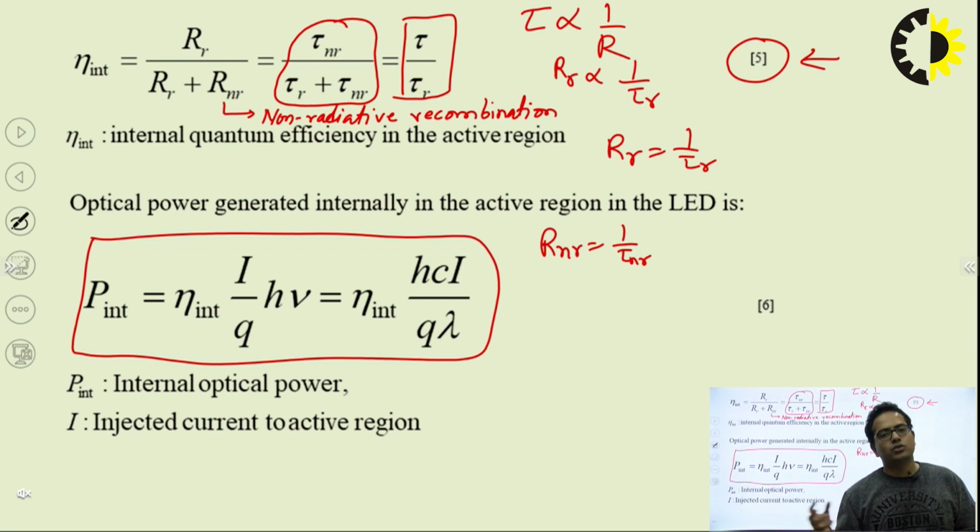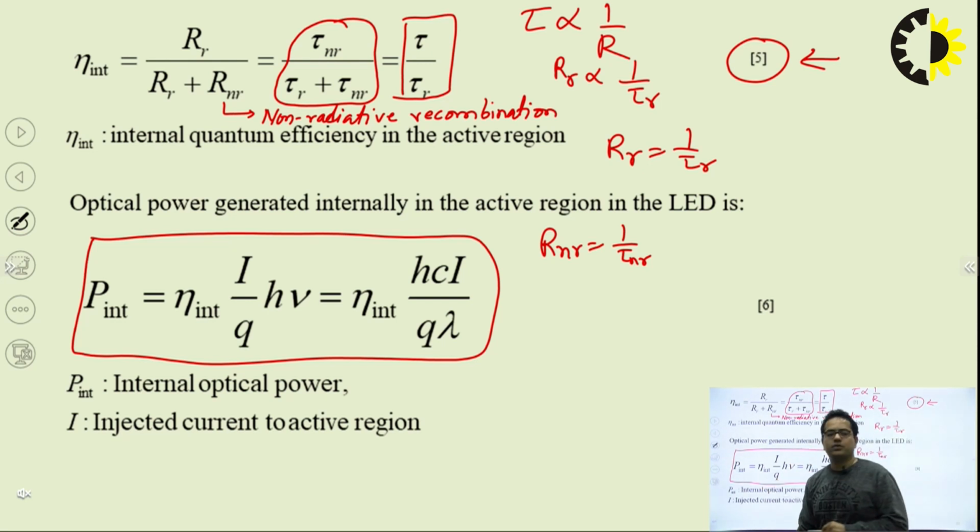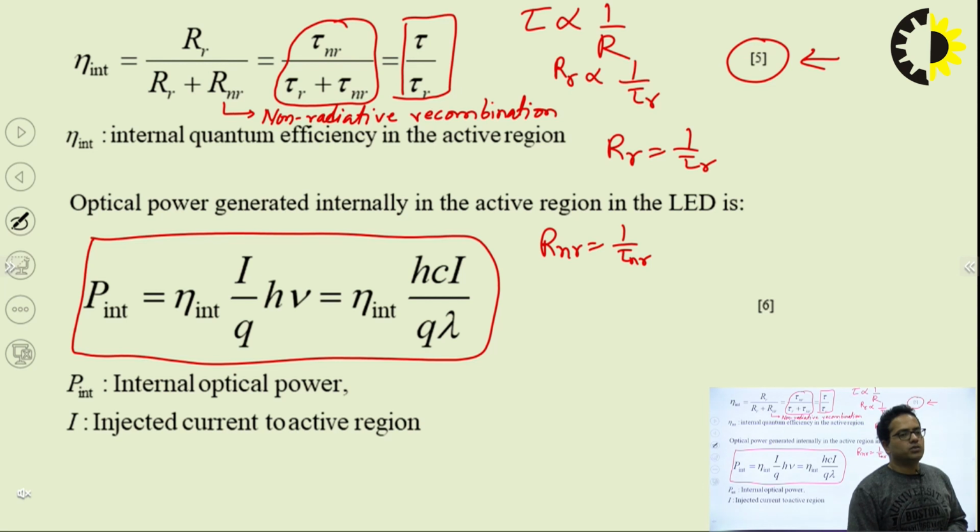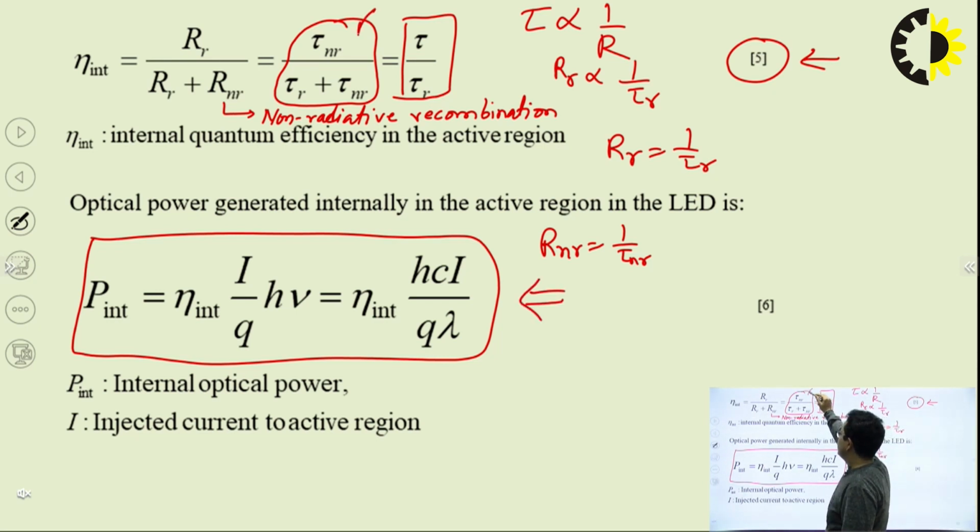One can easily go through those steps to get the concrete formula, that is P internal equals eta internal into I by Q into H nu. This is the internal power which can be generated. This is also another important formula that one has to remember.